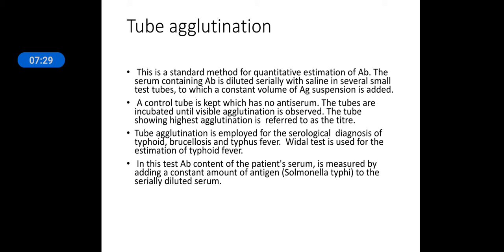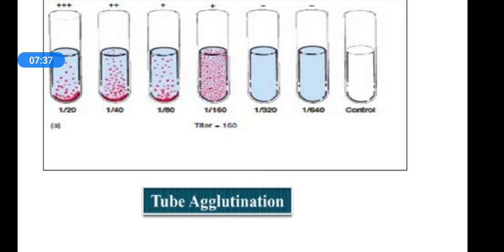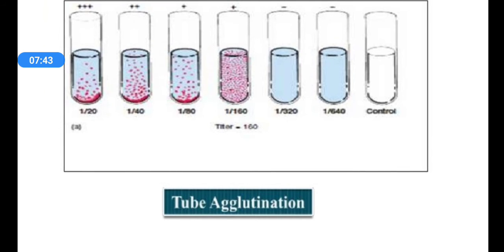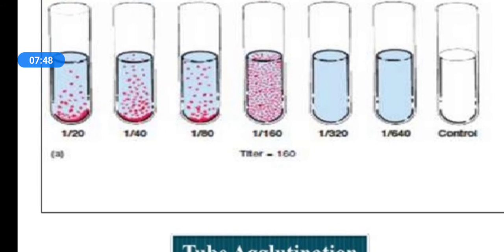That is how the test is conducted. This is the figure showing tube agglutination, serial dilutions of the antibody, and we keep a control, and we can see the agglutination formed.